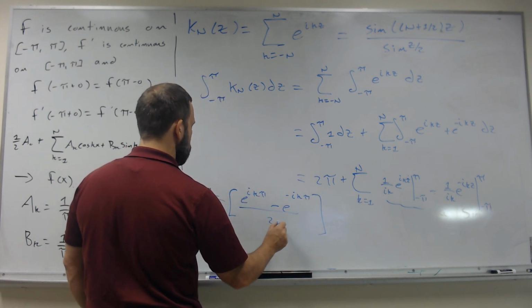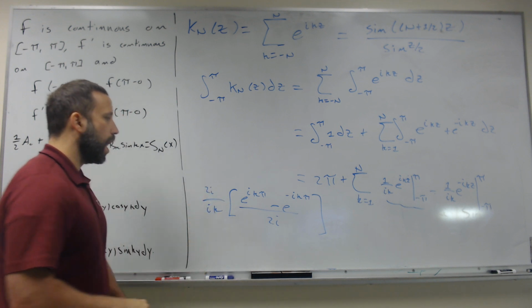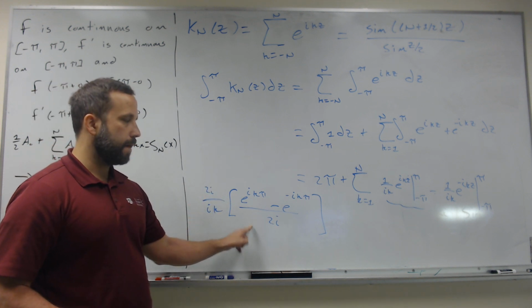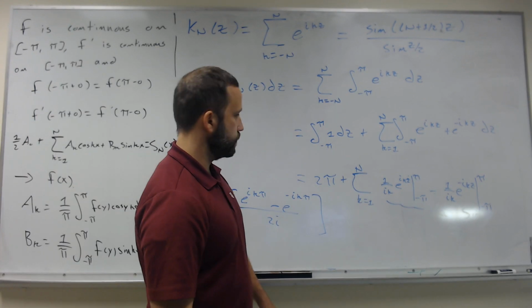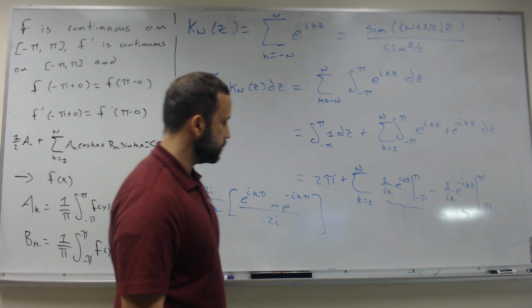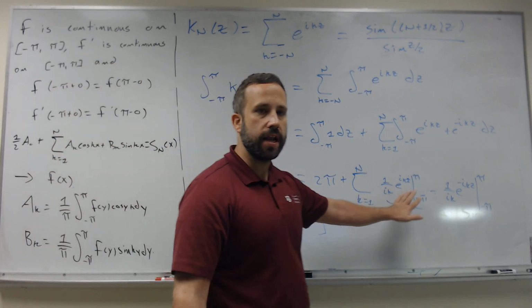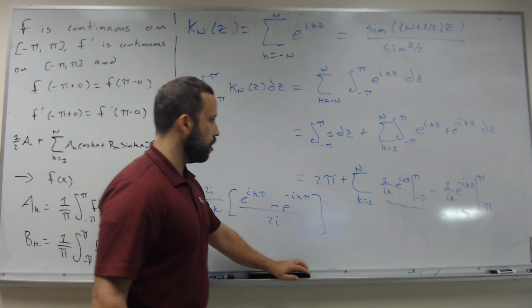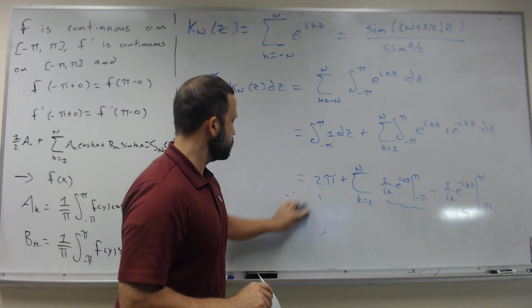If I divide here by 2i, and therefore multiply by 2i, this is just sine of k pi, which is equal to 0. Something similar will be true over here. This will be equal to minus sine of k pi, which is also equal to 0. Either way, they're equal to 0. So, in other words, this is just equal to 2 pi.